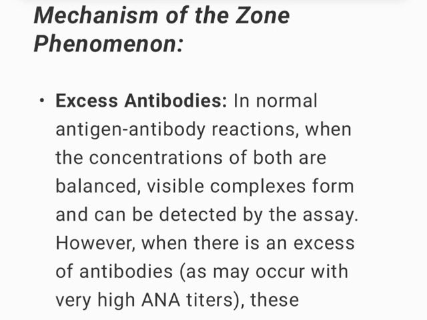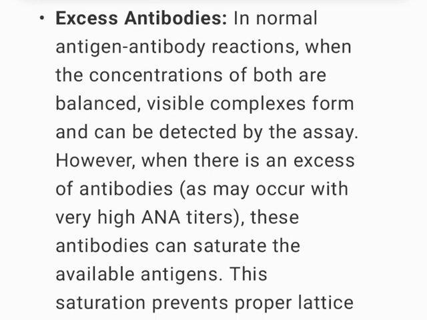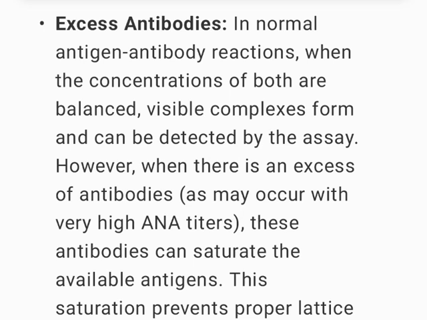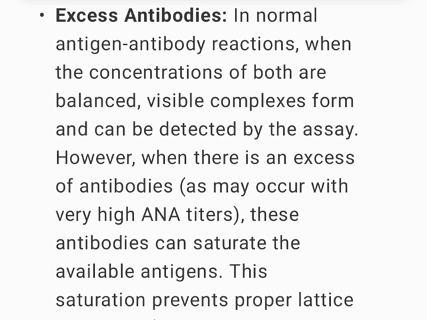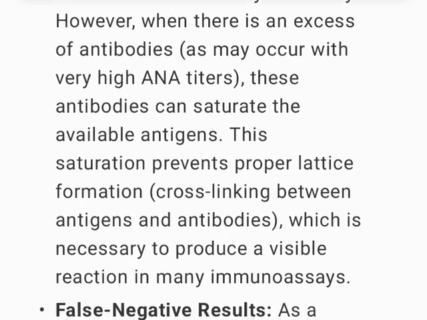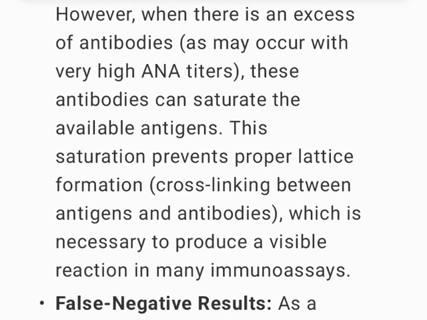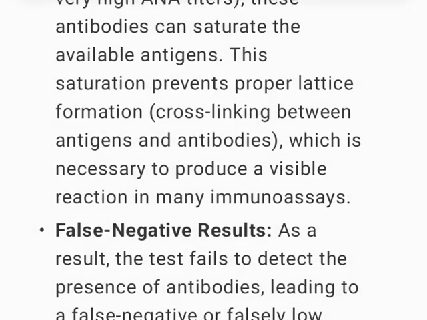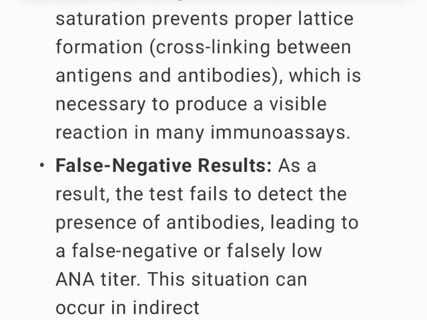Excess antibodies. In normal antigen-antibody reactions, when the concentrations of both are balanced, visible complexes form and can be detected by the assay. However, when there is an excess of antibodies, as may occur with very high ANA titers, these antibodies can saturate the available antigens. This saturation prevents proper lattice formation, cross-linking between antigens and antibodies, which is necessary to produce a visible reaction in many immunoassays.